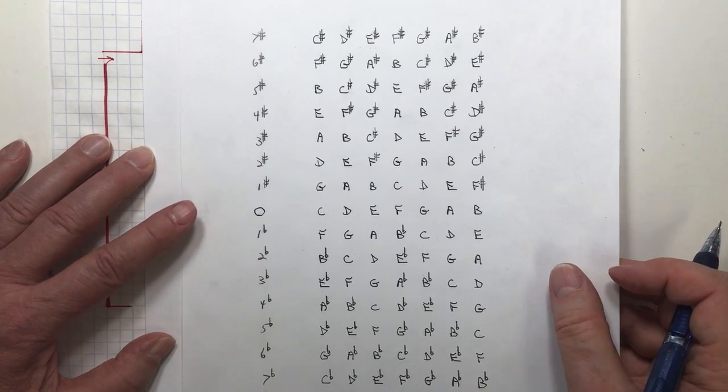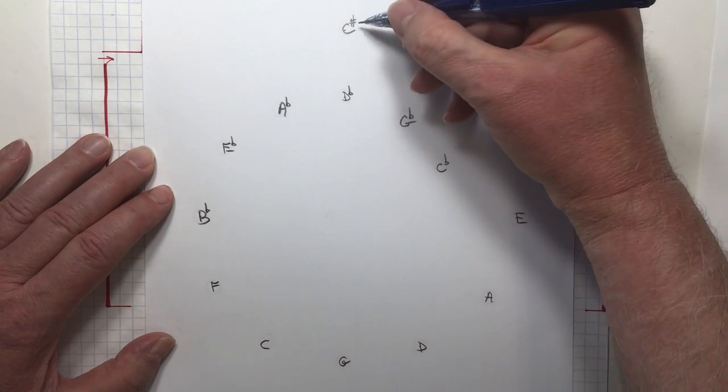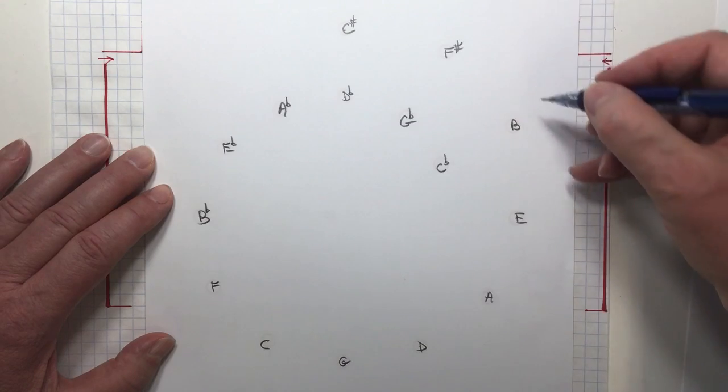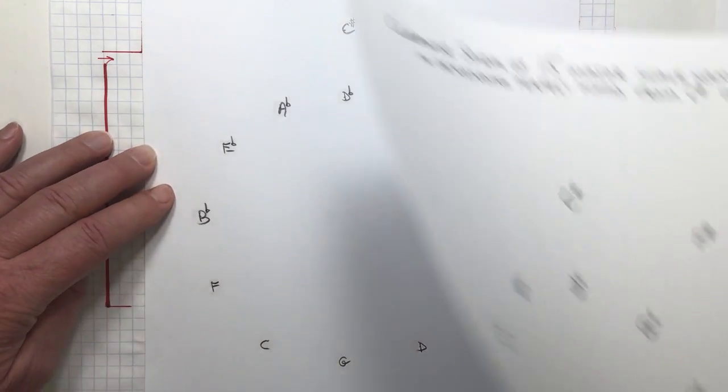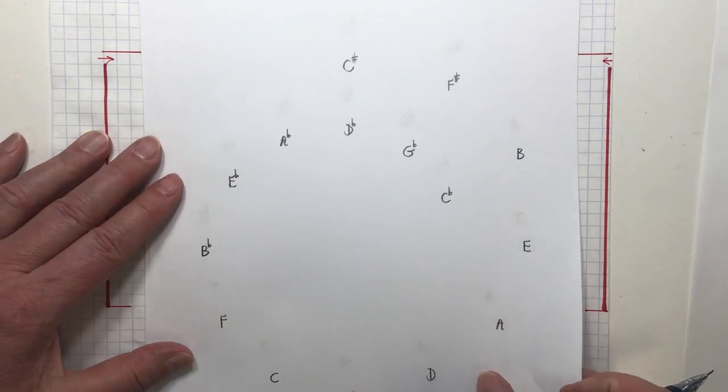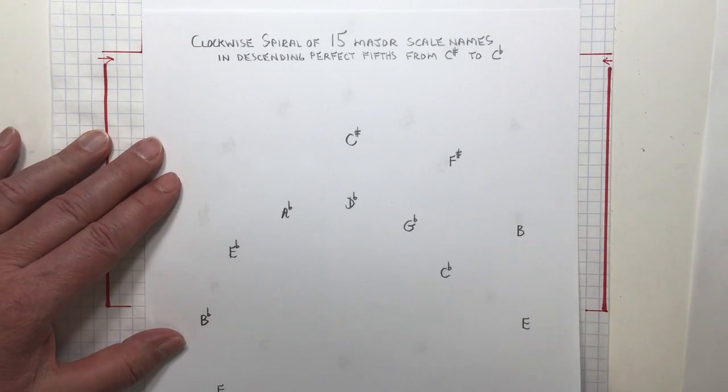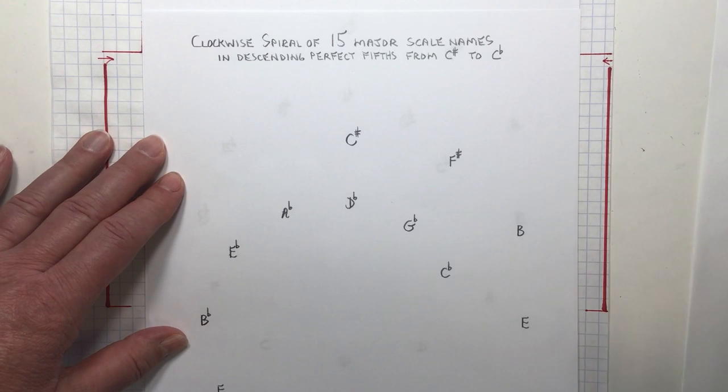Should go clockwise from C sharp, spiraling around to C flat. Clockwise spiral of 15 major scale names in descending perfect fifths from C sharp to C flat.